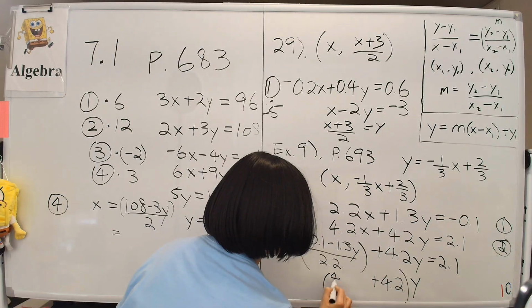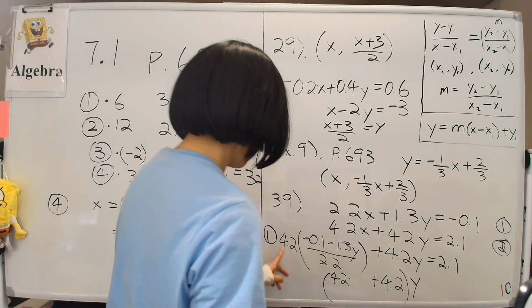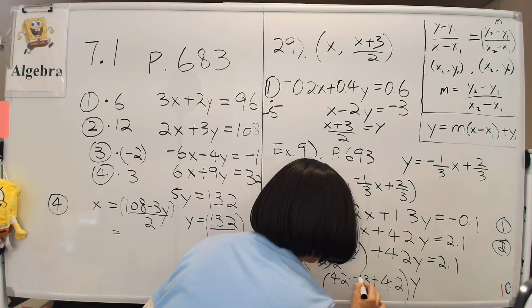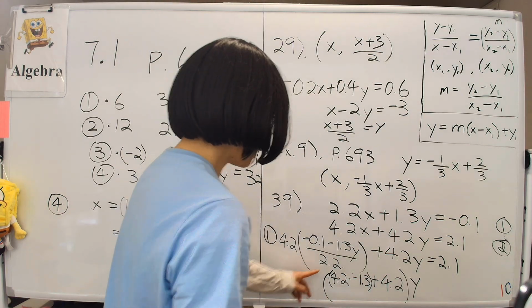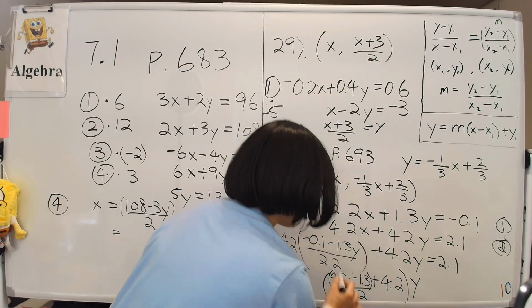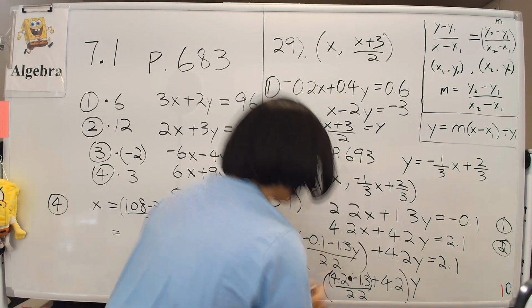4.2 times negative 1.3, and then divided by 2.2. This is multiply, the dot for multiplying, the big dot there.